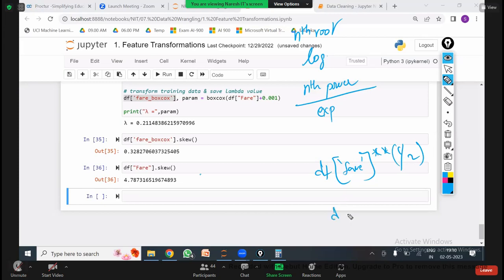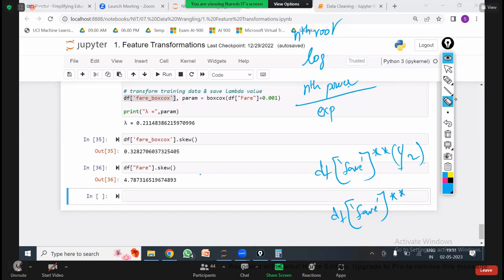If you take df of fare column to the power of 2, then it is whole square. Whole cube, to the power of 4, to the power of 5, all this comes under power. If you write 1 by, then it comes under root. 1 by 2 means square root, 1 by 3 means cube root, 1 by 4 means fourth root, 1 by 5 means fifth root. That is the difference.